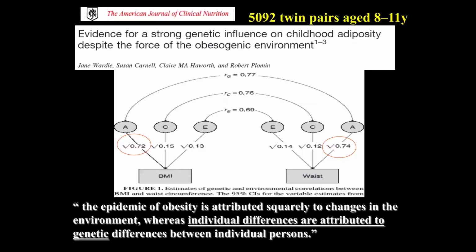Now, the other question is, if obesity in children is genetic, what is the component of obesity that is more genetic? Is it energy expenditure? Is it appetite? And the conclusion from Jane and from other people are exactly the same.